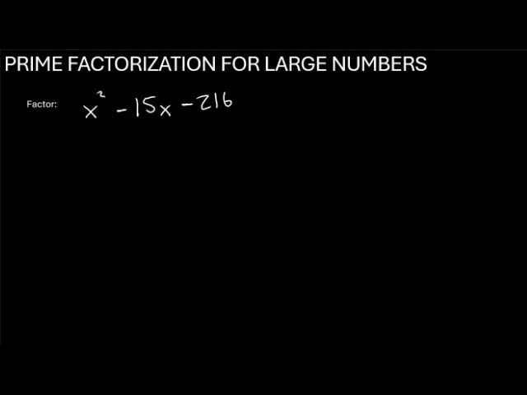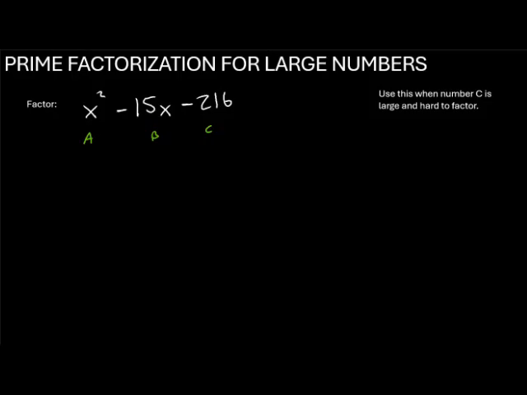Now we'll review a technique you can use when you have a trinomial and your value for position C is a fairly large number that might be hard to do the math for. The technique we'll use here is called prime factorization.